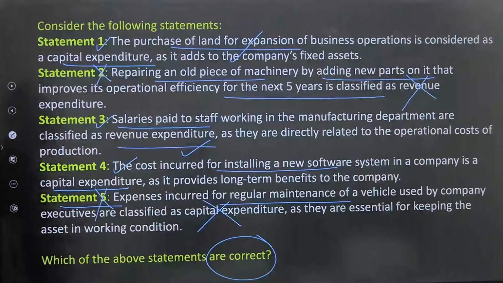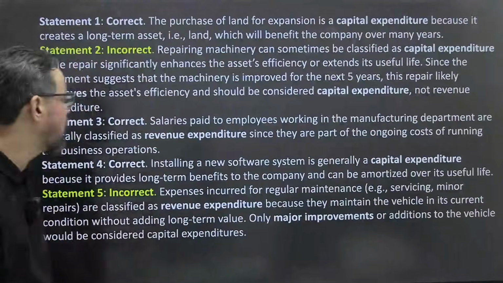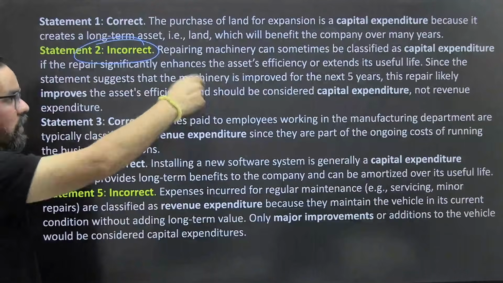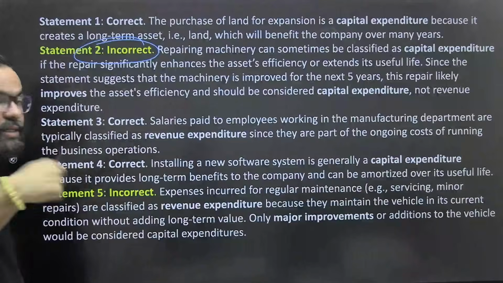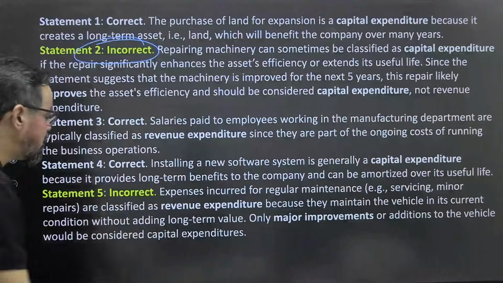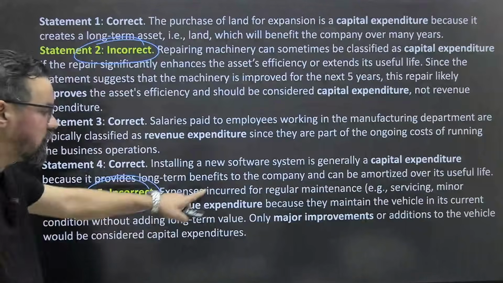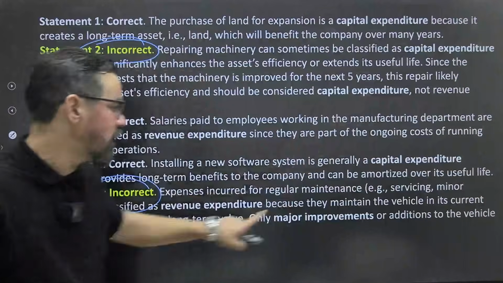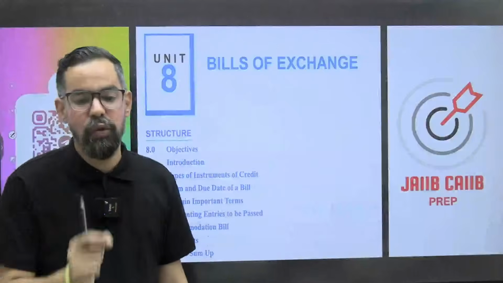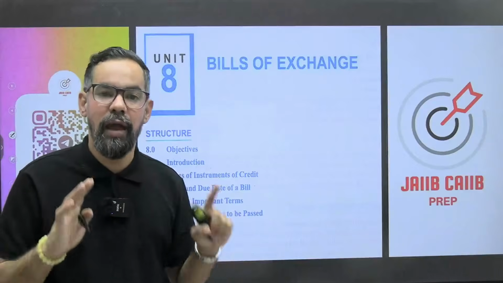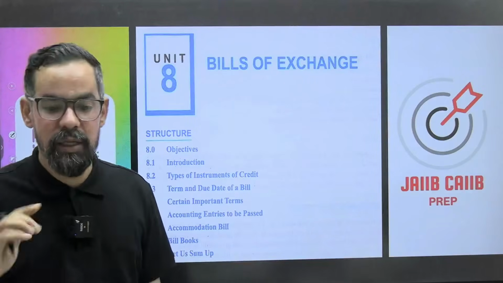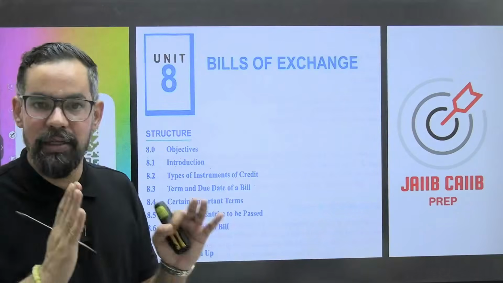So you'll get these kinds of statements. There are two wrong statements. One is repairing machinery where it is increasing the useful life, so that will be your capital expenditure. Five, expenses incurred on regular maintenance, so that is generally revenue expenditure. So one question of 2 marks, very easy one, and it will take max half an hour to understand or to practice this particular topic.